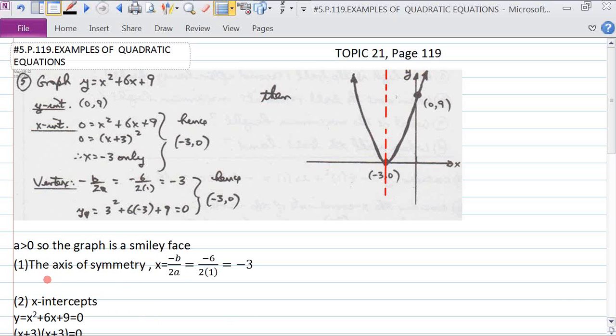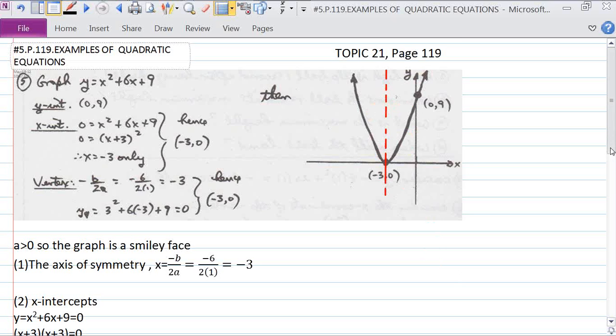The axis of symmetry, x equals minus b over 2a. b is 6, so minus 6 over 2 times 1, because the value of a is 1. So this is minus 3. So the axis of symmetry is right here. x equals minus 3. One half of the graph is the mirror image of the other half.